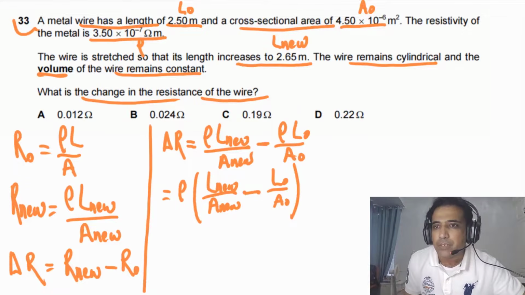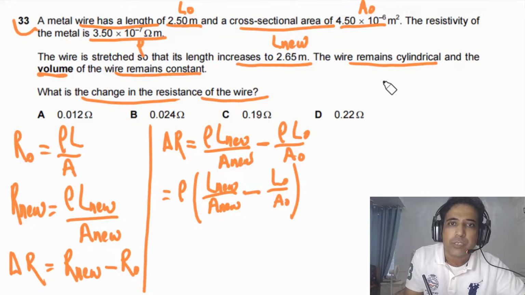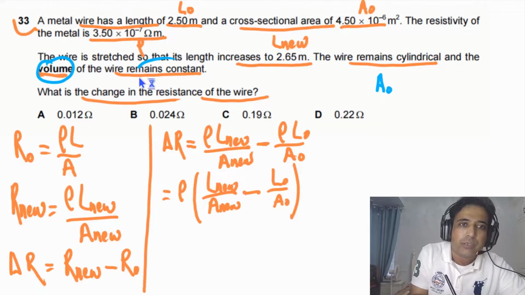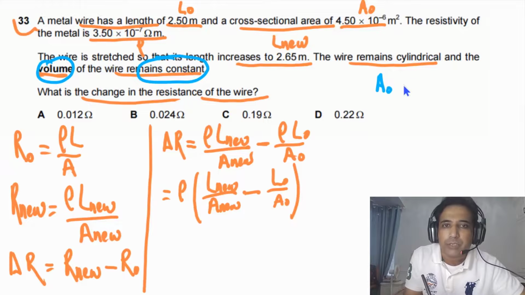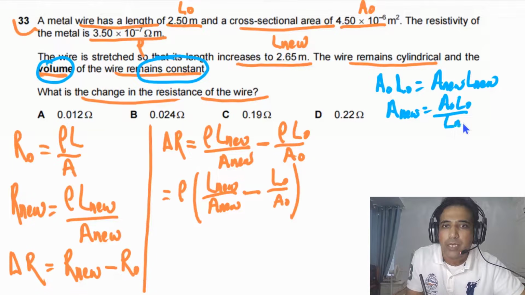In order to find A new, it is given to us that volume remains constant. So it means A naught L naught has to be equal to A new L new. From here we can calculate A new, which is equal to A naught L naught divided by L new.